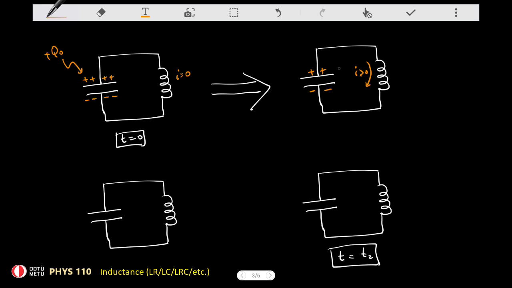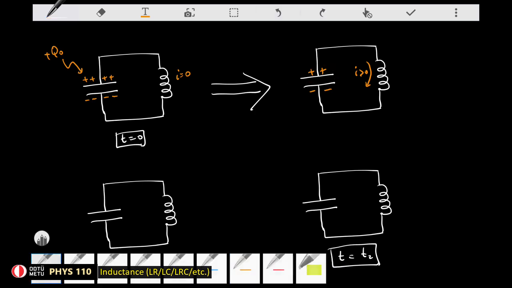As I have said before, as long as there is charge on the capacitor plates, this is going to continue, and the current is going to increase, because this charge is going to flow from high potential to low potential. This is going to continue until, of course, this charge becomes exactly equal to 0.